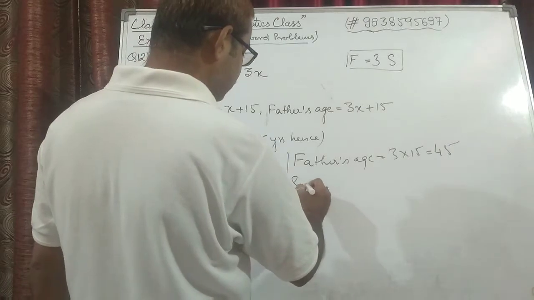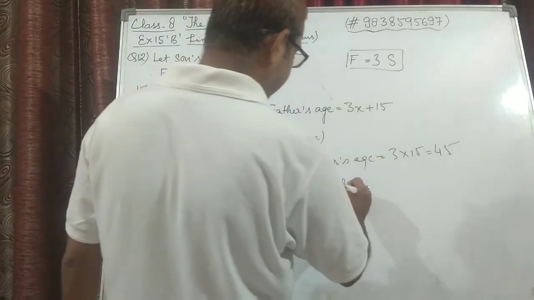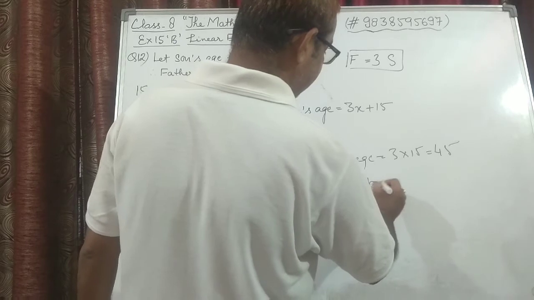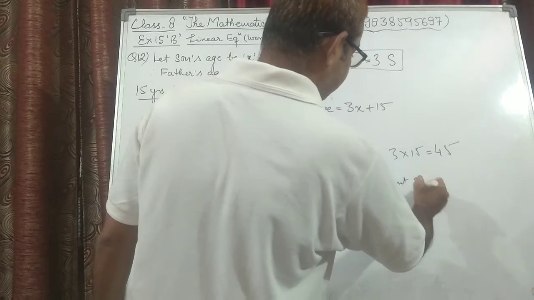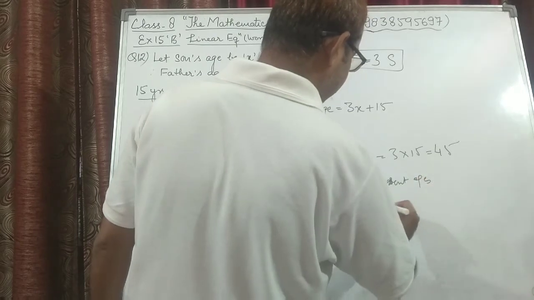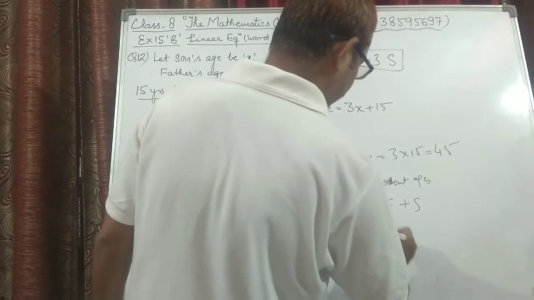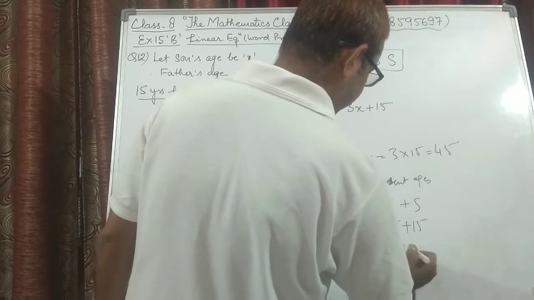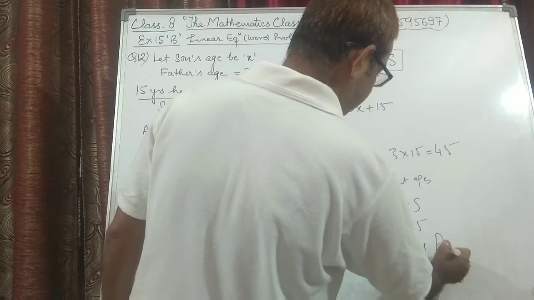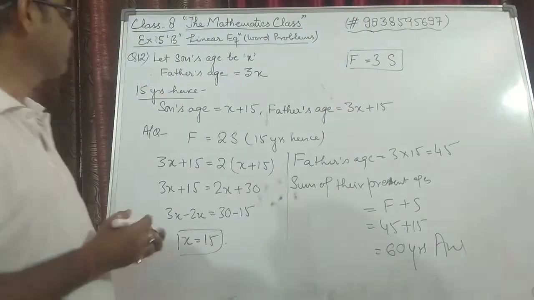The sum is father plus son. Father is 45, son is 15. So the total sum of their ages is 60 years. That is the final value.